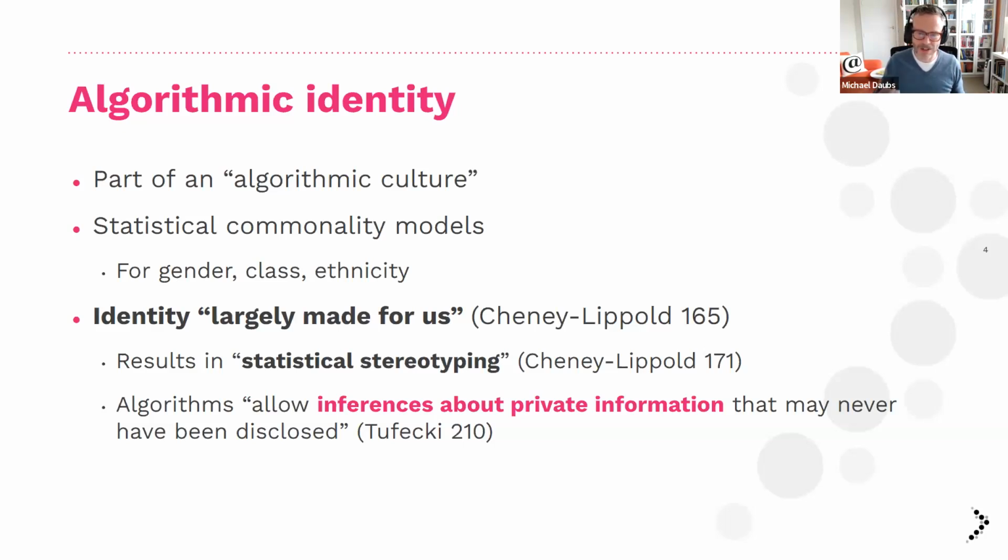Algorithms use things that are called statistical commonality models to determine things like a person's gender or class, or even their race, in an automatic manner, at the same time as it defines the actual meaning of gender, class, or race themselves. As Cheney-Lippold says, ultimately, it moves the practice of identification into an entirely digital and thus measurable plane.